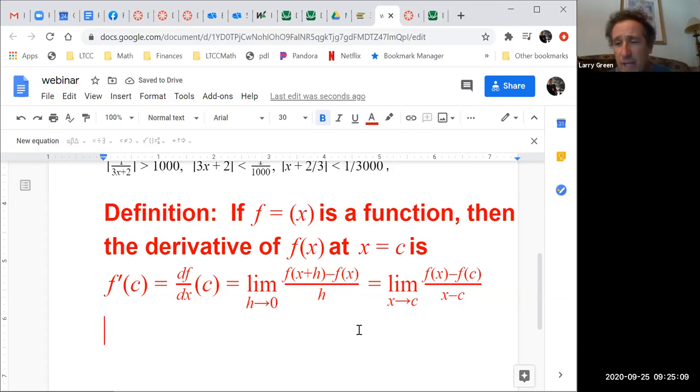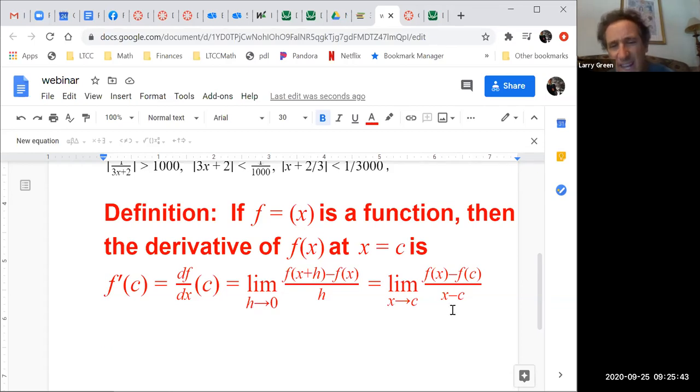Now you may not realize, but those are exactly the same things, even though they look kind of different, don't they? The reason these are exactly the same is if you think about x minus c as being h, then this works.